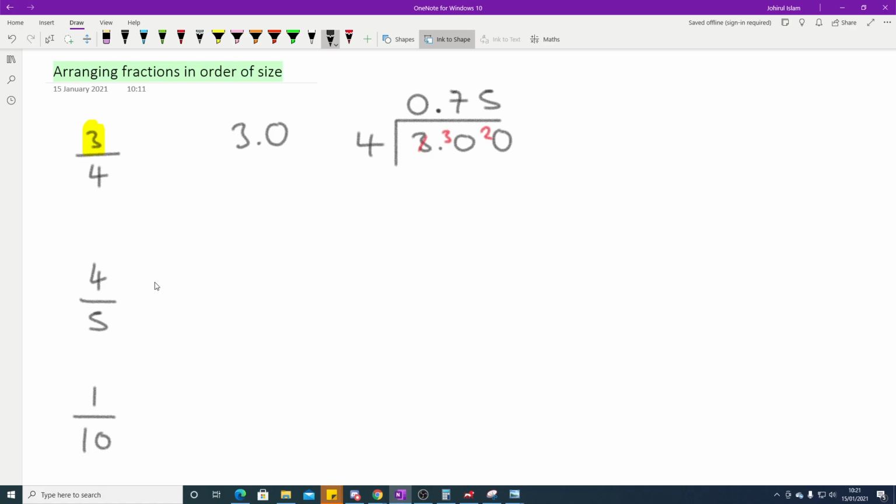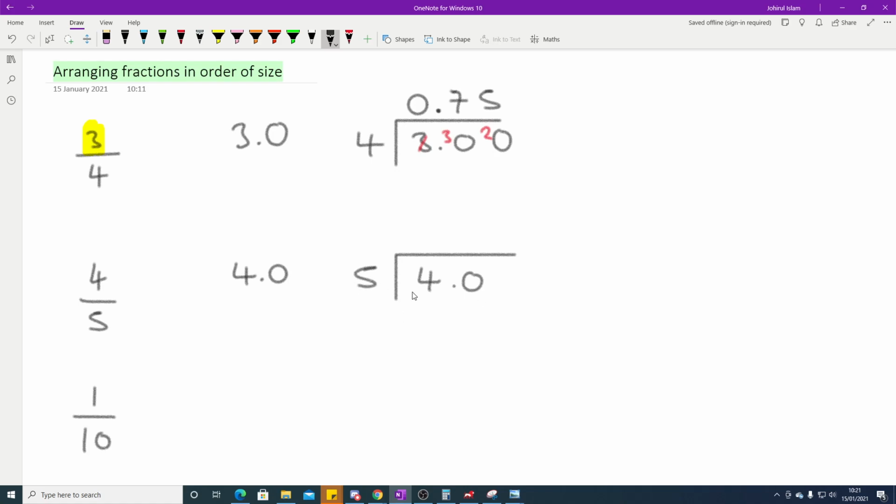Let's do the same thing for the next fraction. Same thing again, we're going to convert the numerator into a decimal by putting a .0 on the end, so it's going to be 4.0. And then we create the bus stop. Inside of the bus stop we put the decimal, 4.0, and we divide that by the denominator, which is 5.